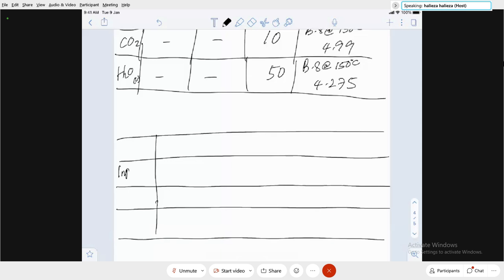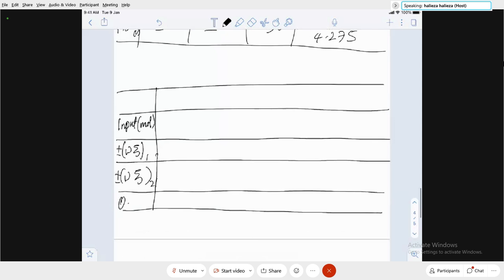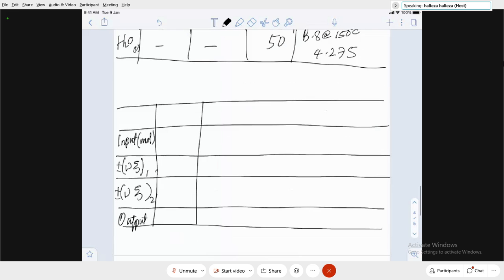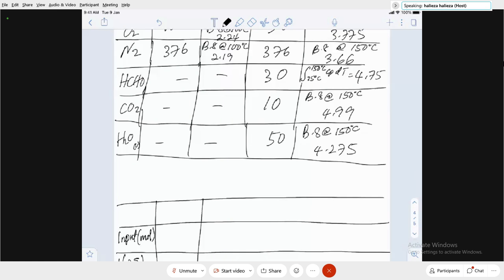Input mole, reaction 1, reaction 2, and lastly, that's your output mole. I'm in a hurry, so I didn't even write it correctly. Okay, the components that we have: we have methane.